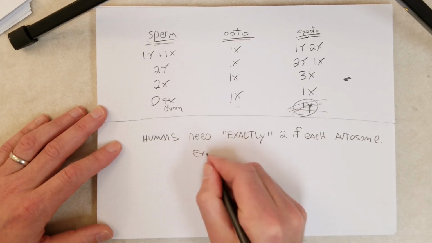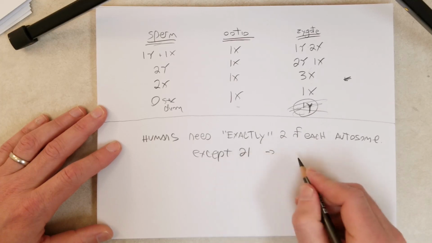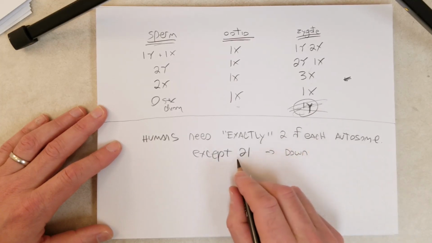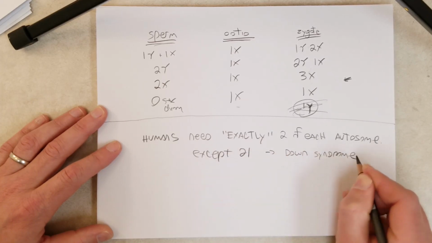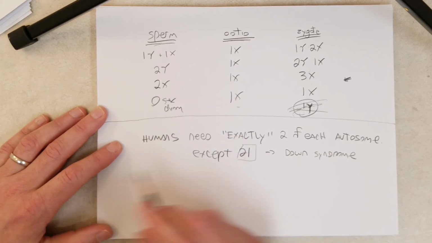Except 21. So humans can get by with an extra chromosome 21, so with 3 chromosome 21s, and that's Down syndrome. So individuals with Down syndrome have an extra number 21 chromosome.